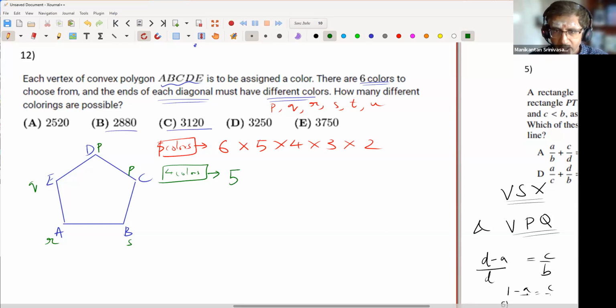Having done that, which is the chosen color? In this case, in fact, let me not put P. I can intentionally put something. Let's say put S. So which is the chosen color from the 6 that you have in your choice to assign to that special edge, which will have the same color on both endpoints? I have 6 choices.